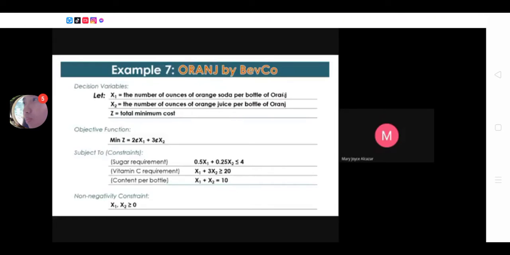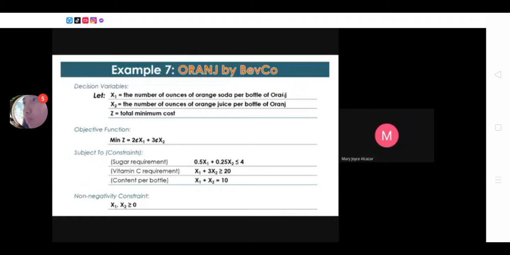So from that example, we have obtained these decision variables. x1 represents the number of ounces of orange soda per bottle of Orange. x2 is the number of ounces of orange juice per bottle of Orange, and z is for the total minimum cost. Then the objective function is minimize z = 2x1 + 3x2.